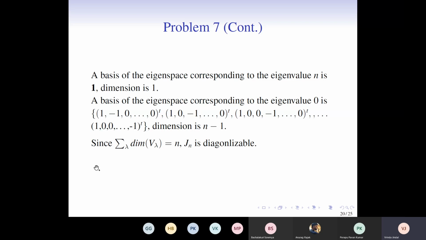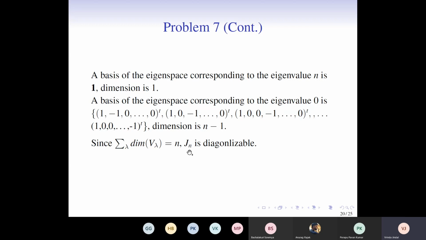Now another important result that has been proved in class is that if we take the dimensions of every eigenspace and sum them, we get n if and only if the matrix is diagonalizable.